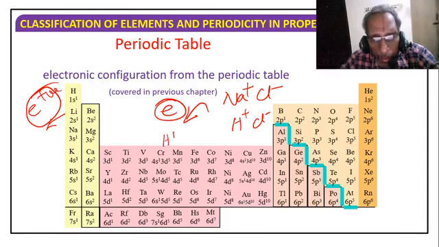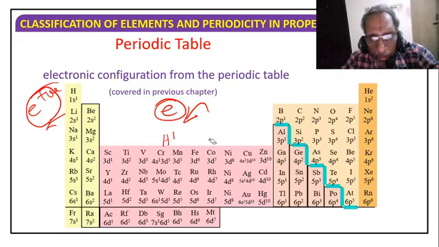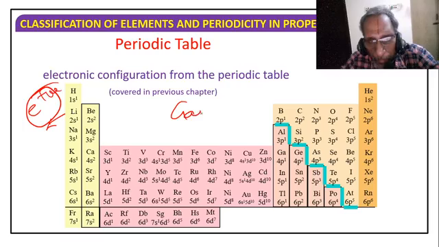The hydrogen atom contains one electron. This electron has gone to chlorine. So hydrogen without the electron is called hydrogen plus. But chlorine with one more electron is called chloride minus. So one electron has gone, which means gain.